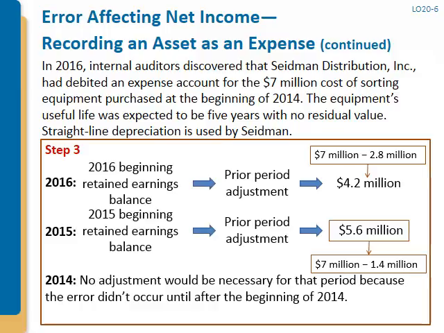This prior period adjustment, though, would be for the pre-2015 difference, $7 million minus $1.4 million, or $5.6 million. If 2014 statements are to be included in the comparative report, no adjustment would be necessary for that period because the error didn't occur until the beginning of 2014.